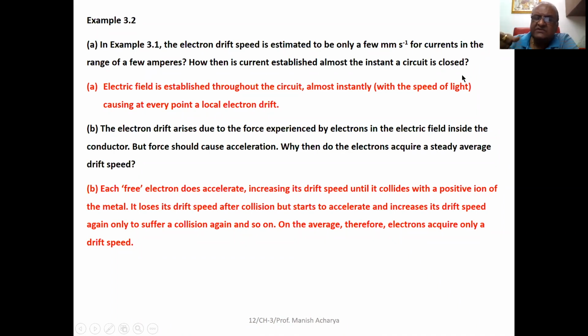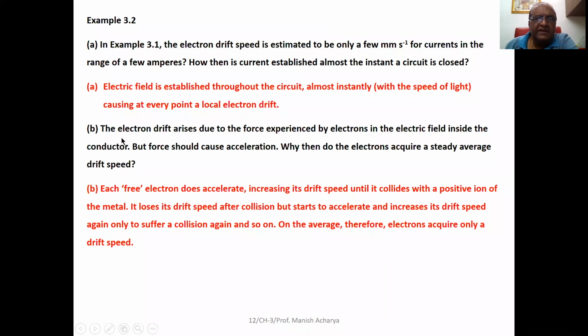Because as soon as we close the circuit, the electric field is established in the conductor instantaneously. The electric field propagates at the speed of light, and therefore instantly the local electrons are drifted under its effect and the current is constituted. Clear?